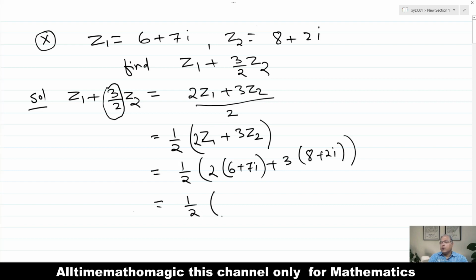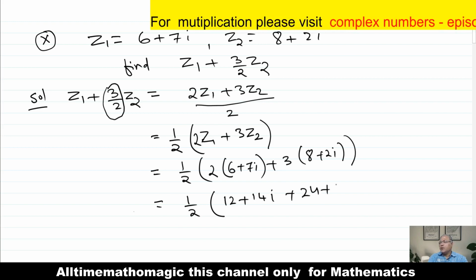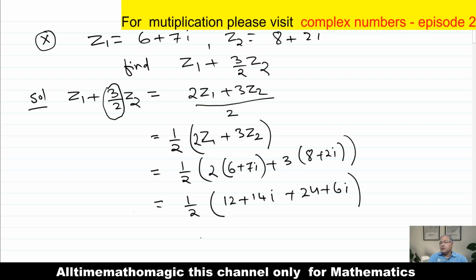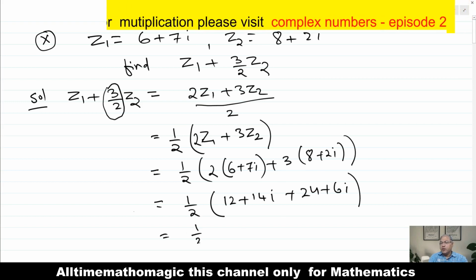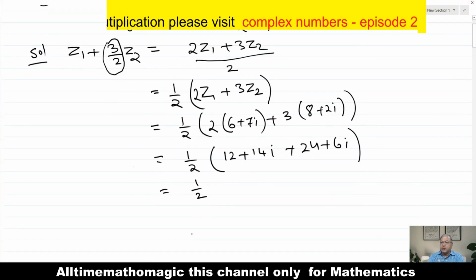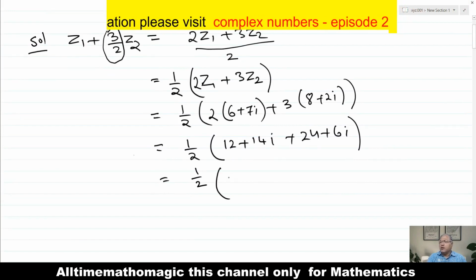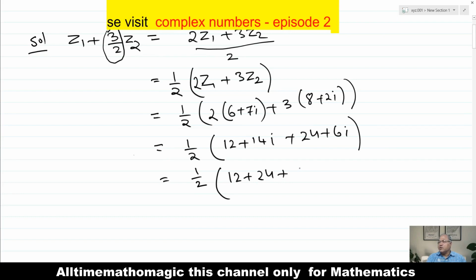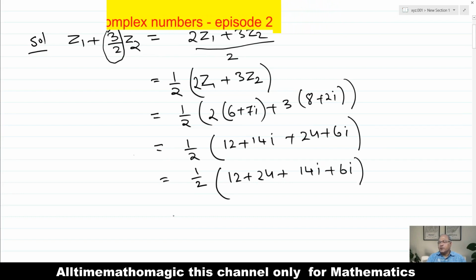Now what we do? We simplify the terms. So 12 plus 14i and 24 plus 6i. Then we bring the real parts together. The real parts are 12 plus 24 and imaginary parts are 14i plus 6i.